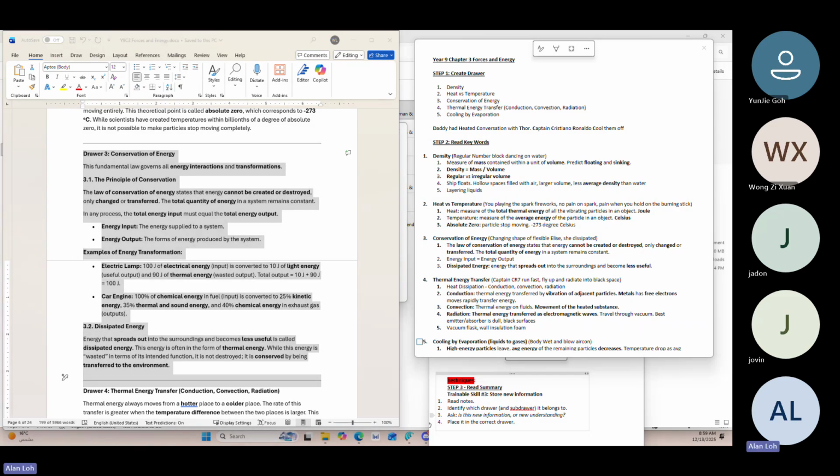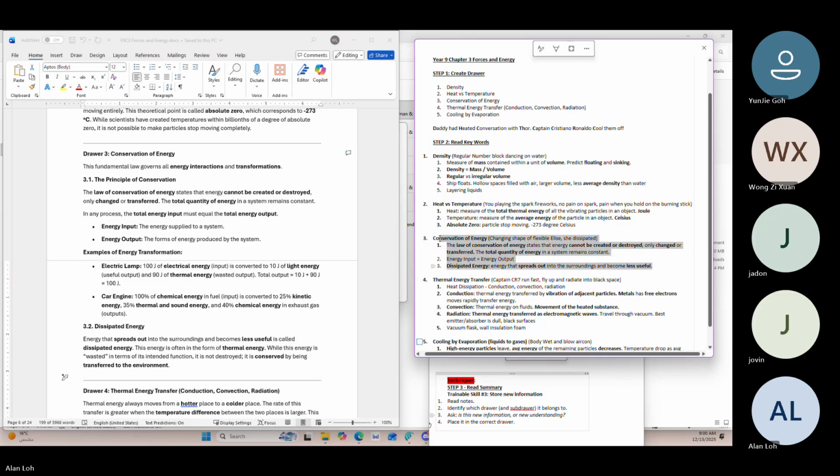Okay, done. Now, Injie, can you tell me which drawer is this? Conservation of energy. All right, drawer 3. Now, Jovin again. Jovin, tell me one new piece of information that you read over here that is not over here, which is your drawer.